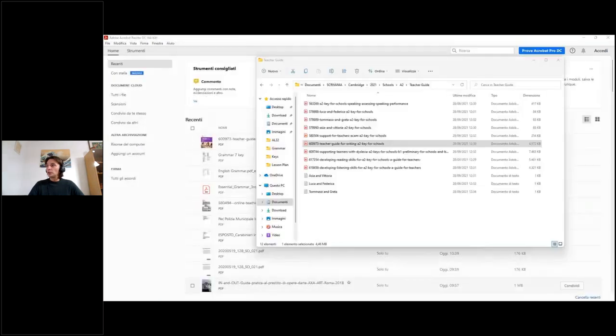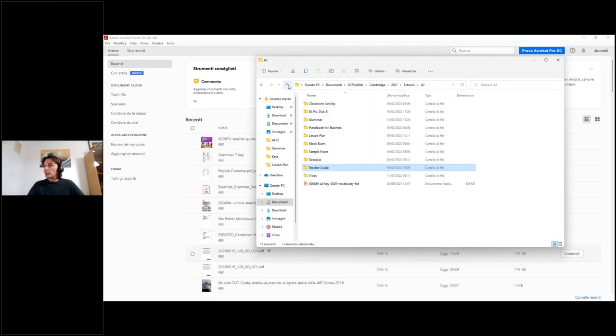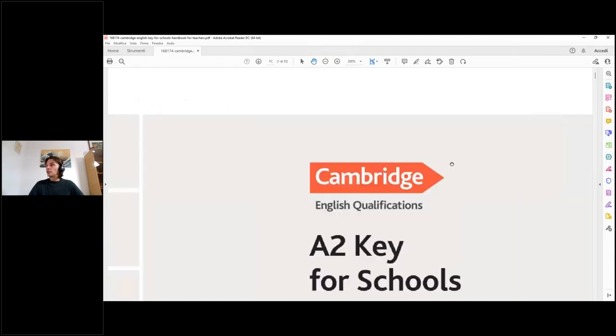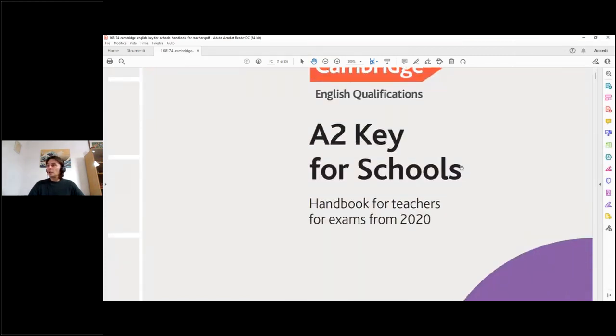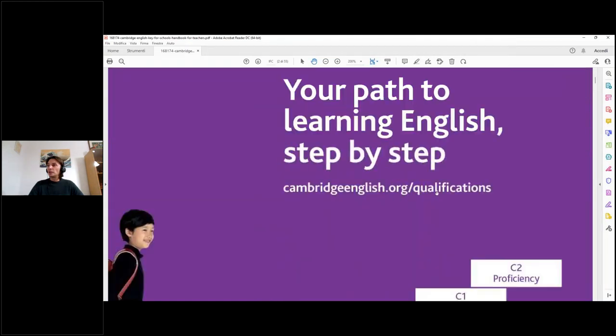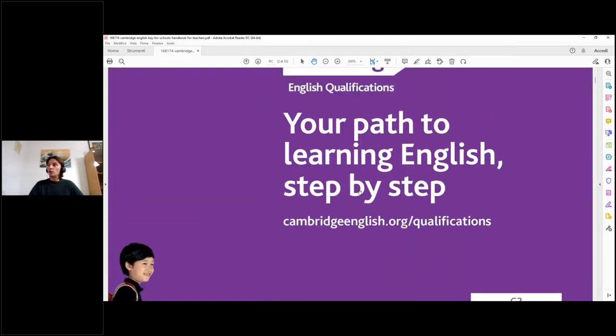Nope, not this one. There should be another file. Handbook for teacher, maybe. Let me see this one. Yeah, I think this was the right one. Remember, we looked at this file, Your Path to Learning English, step by step.